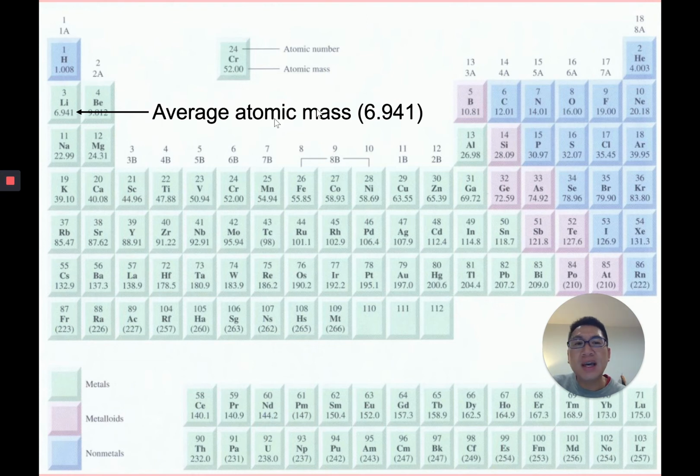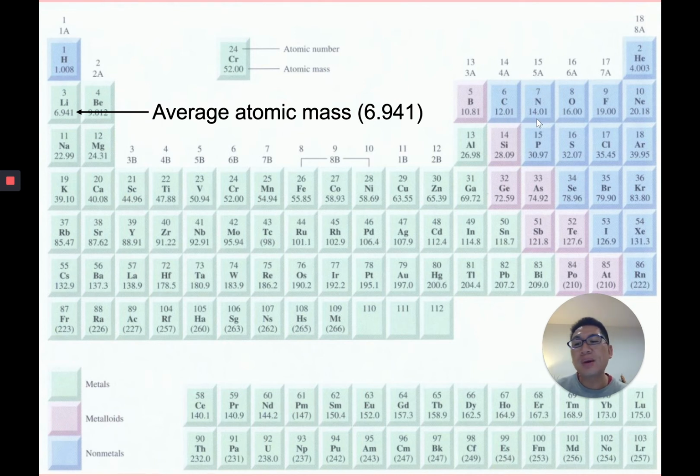These are averages. There is no carbon atom that actually weighs 12.01. It's kind of like saying, hey, my average class size, which I'm making up right now, is 32.3. I don't actually have any classes with 32.3 students because obviously there's no such thing as 0.3 students. So because of that, these numbers are about the average one. No actual atom actually has this.